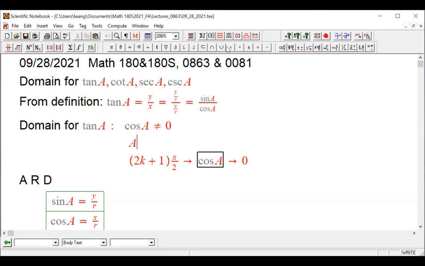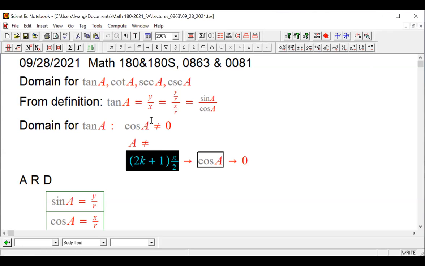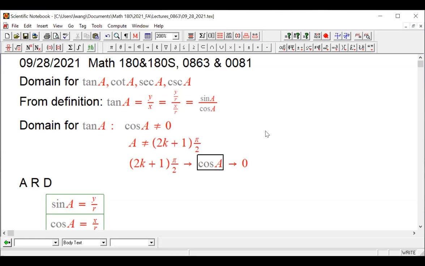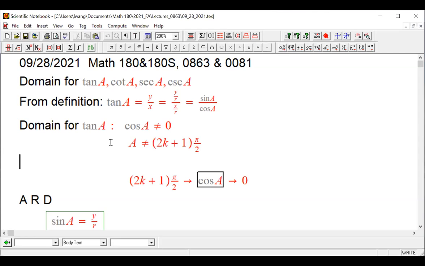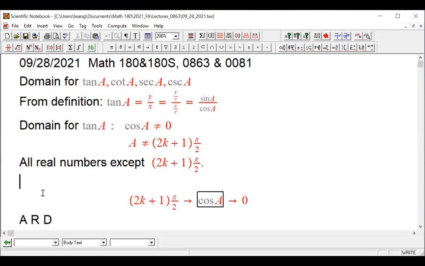So A cannot be 2k plus 1 times pi over 2. So how do we read this? All real numbers except, that's how we read it.